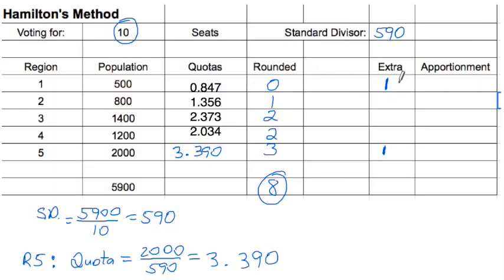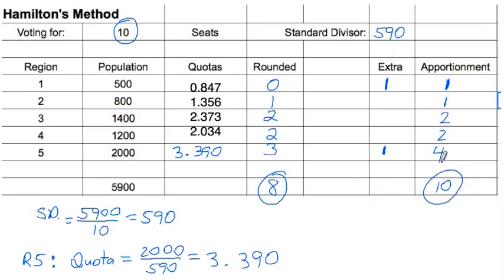So you would add your rounded number and the extra number, then the apportionment, I love that word, apportionment, would get 1 here, 1 representative for region 2, 2 representatives for 3, 2 representatives for 4, and 4 representatives for 5. And when we add them up, 2, 4, 6 plus 4 is 10. It gives us the 10 seats that we were looking for.